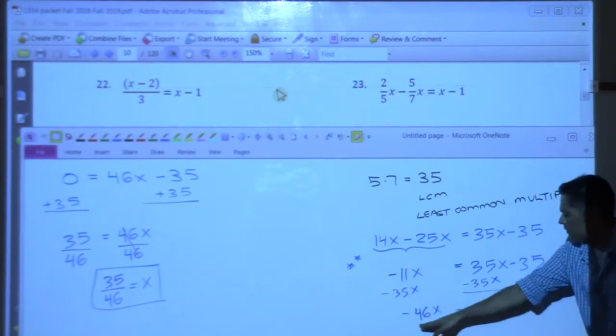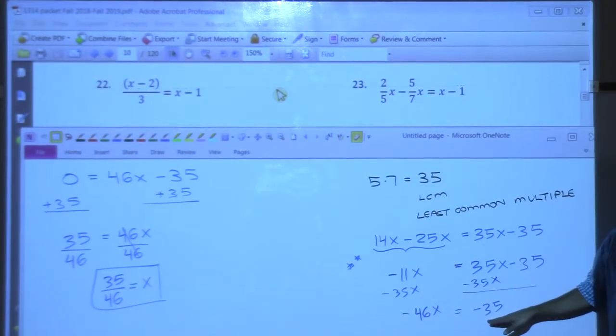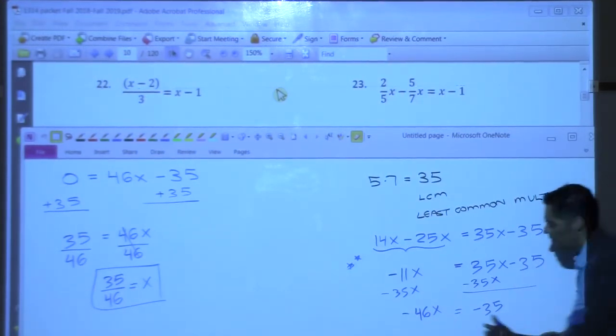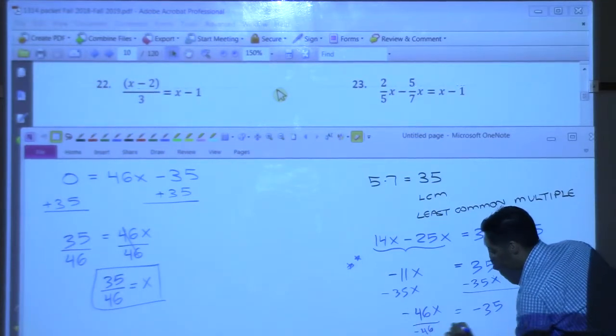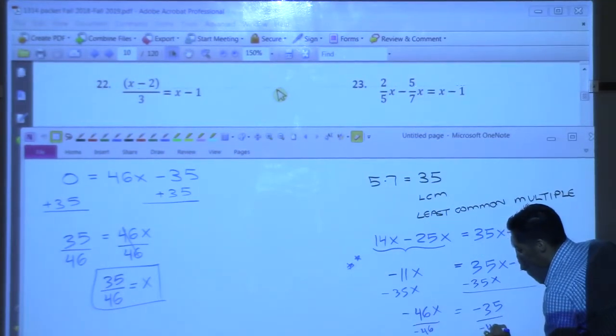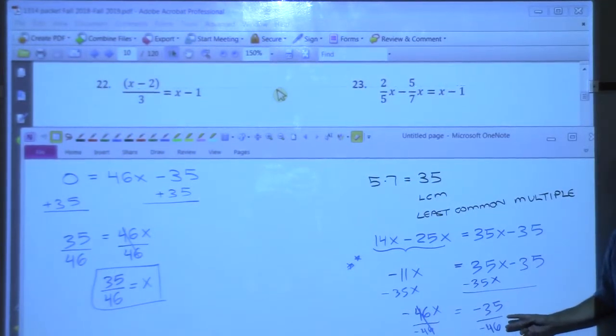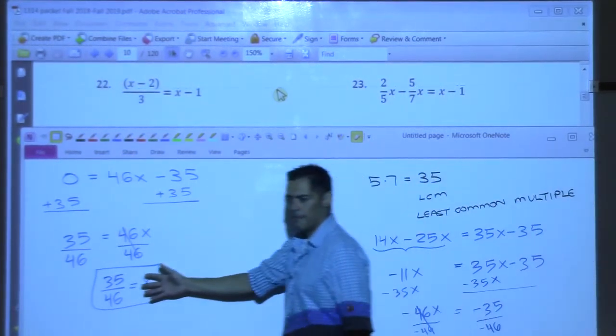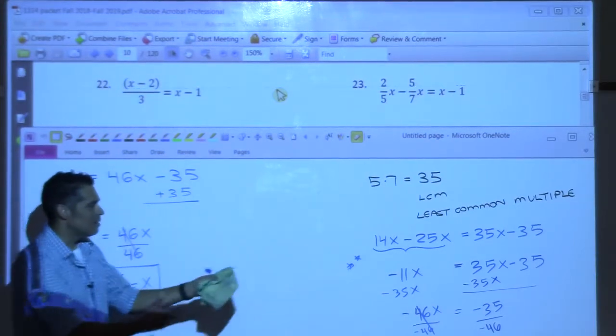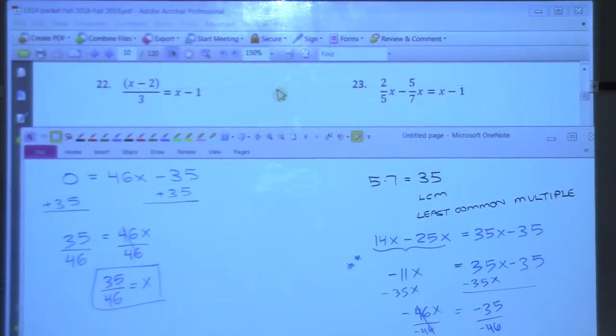And now you would divide both sides by negative 46. If you divide this by negative 46, divide that by negative 46, gone. You have x there, and here a negative over negative is positive, so you get the same answer, right? Okay, so maybe that's a little faster, but they both get you to the same place.